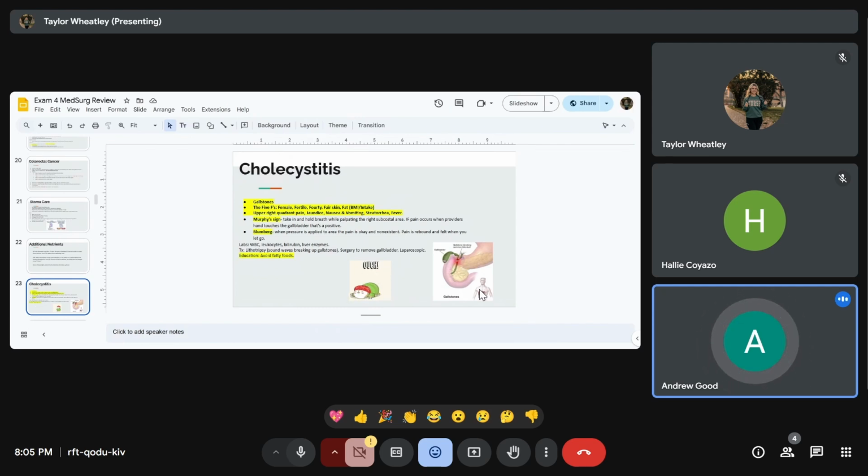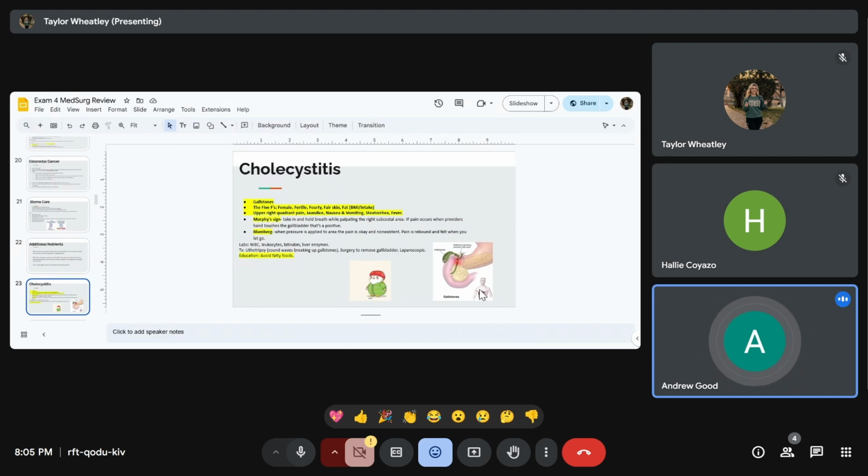You'll see an increase in white blood cell count, leukocytes, bilirubin, and liver enzymes, all linking to inflammatory processes, but also trying to fight off an infection. There could be an infection within that gallbladder as well. But mostly it's gallstones. So lithotripsy for breaking up the gallstones.